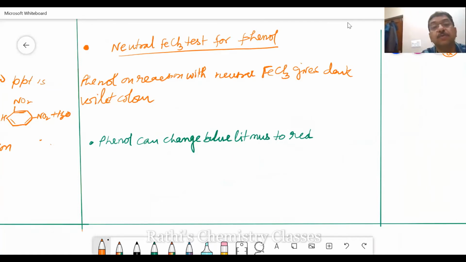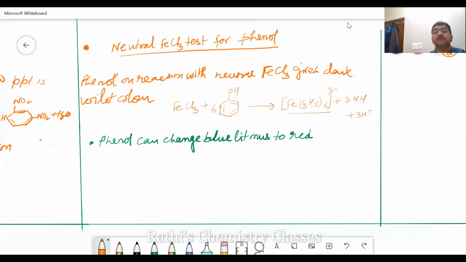And the reason behind the dark violet color: FeCl3 reacts with phenol and gives the [Fe(C6H5O)6]3- complex with HCl and 3H+. Due to the formation of this complex, violet color is obtained.